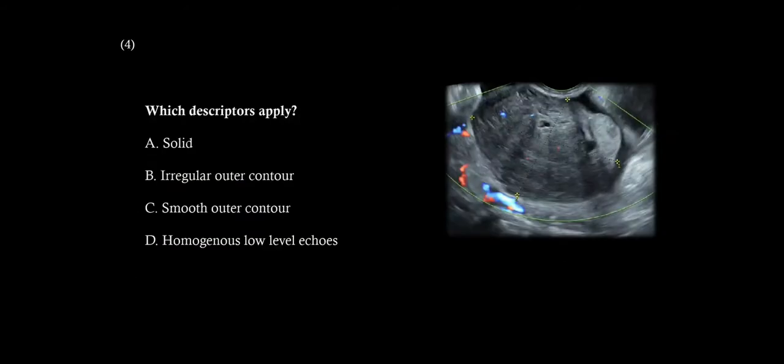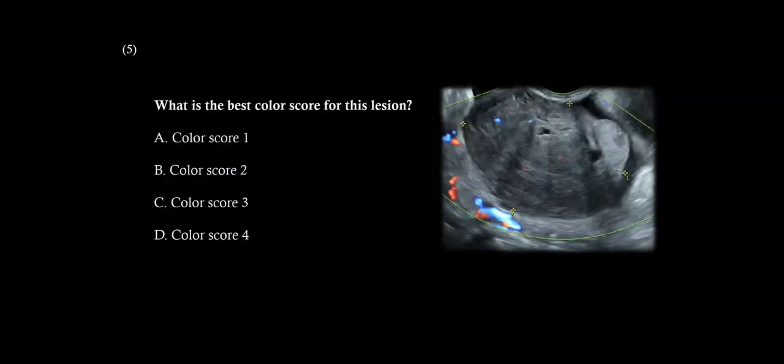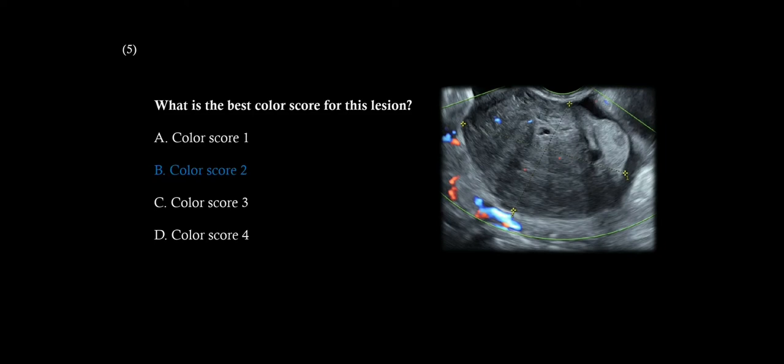In this lesion, out of the descriptors given, the one which we would be using is, it is a solid lesion with irregular outer contour. Again, the same lesion, if we have to grade the color scoring for this lesion, which grade would we put it in?